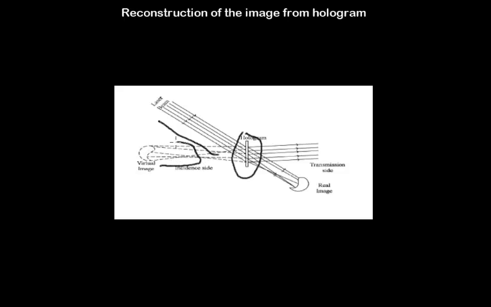These lines are virtual, this object is also virtual, and some part of the laser beam will get transmitted, and here we can see the real image of the object. So this is how we can reconstruct the real image of the object. So this is all about holography.